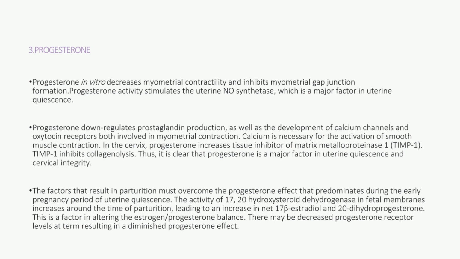The activity of 17,20 hydroxysteroid dehydrogenase in fetal membranes increases around the time of parturition, leading to an increase in net 17 beta estradiol and 20 dihydroprogesterone. So this is a factor in altering the estrogen and progesterone balance. There may be decreased progesterone receptor levels at term, resulting in a diminished progesterone effect.